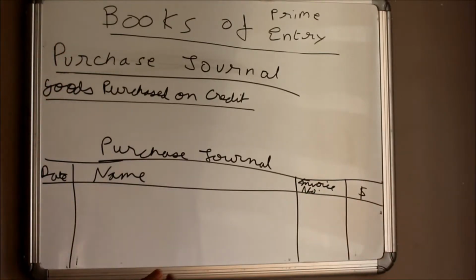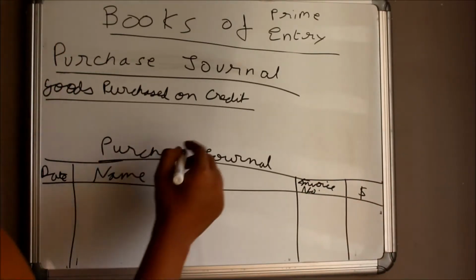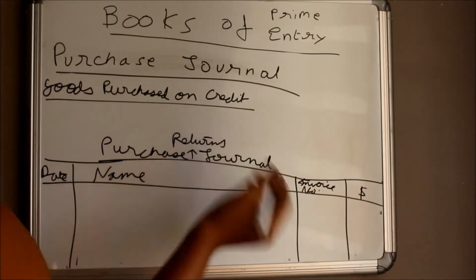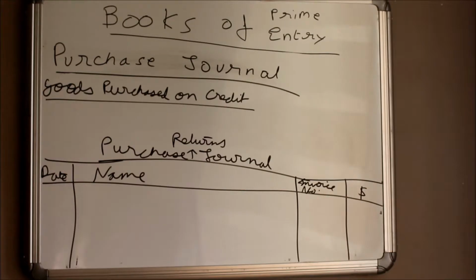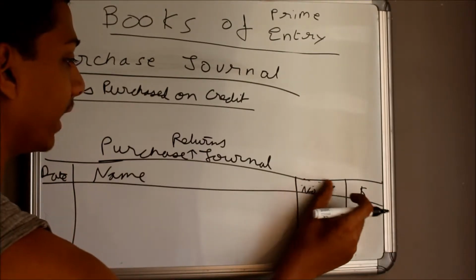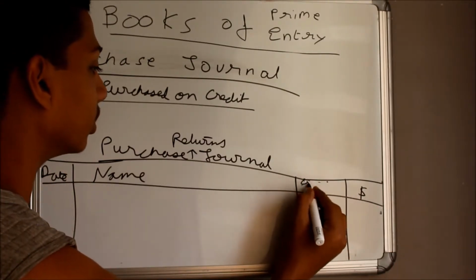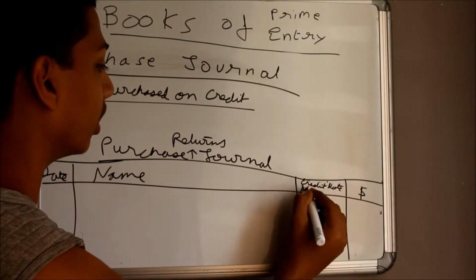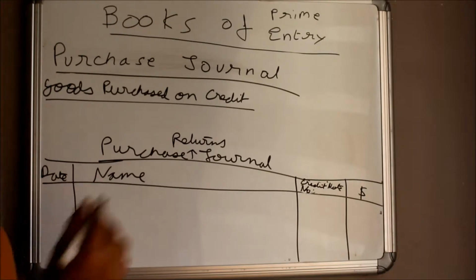And the same goes for the purchase returns journal. But the only difference in the purchase returns journal is that instead of the invoice number, we're going to write the credit note number. So that's the only difference.